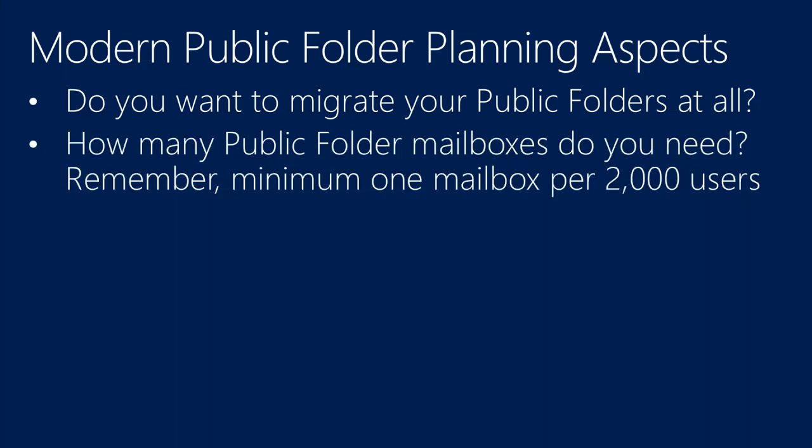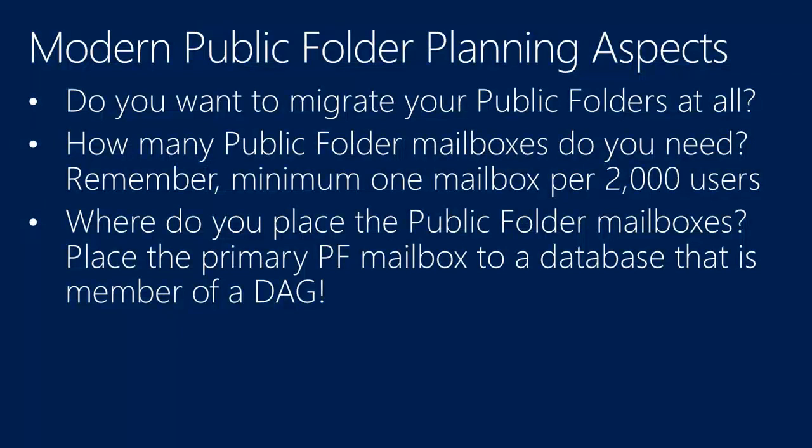When you decide to move, you need to consider how many public folder mailboxes you want. The best practice is one per 2,000 users. The next question is where you want to place your public folder mailboxes.